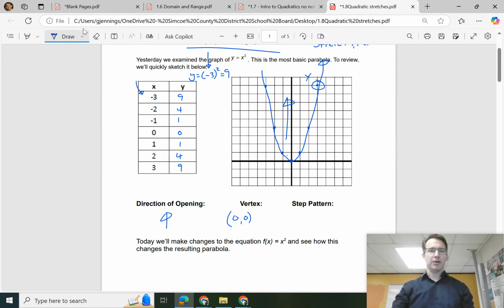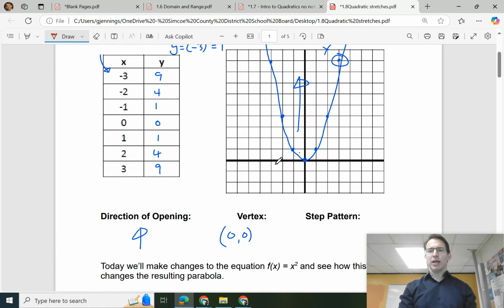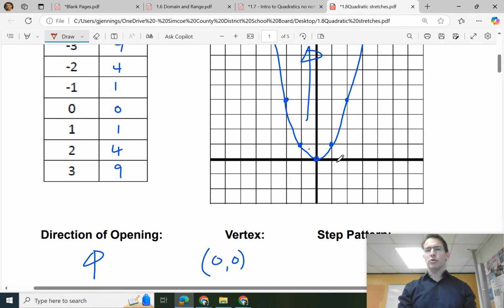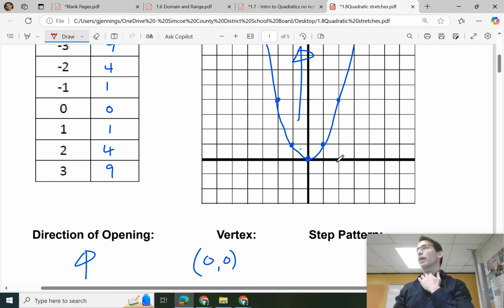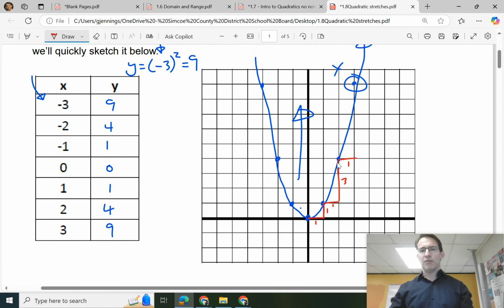And the step pattern. When we talk about step pattern, this is not something that I would evaluate, but it is something you can use to very quickly visualize your parabolas. If I go over 1, I go up 1, and then I go over 1 and up 3, and then I go over 1 and up 5 to that point there.